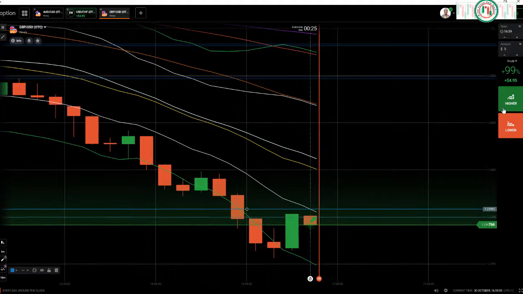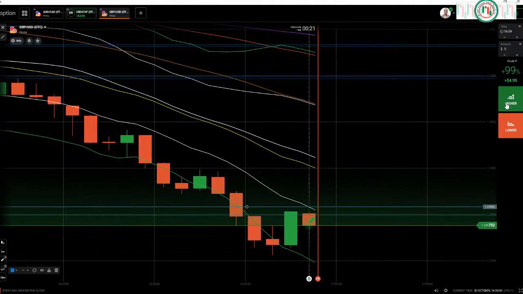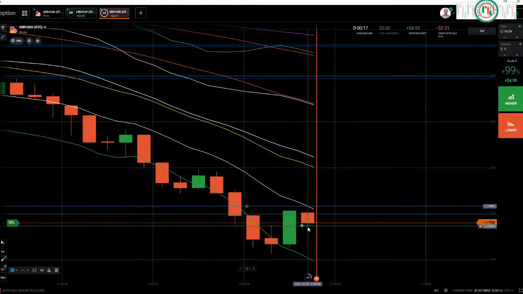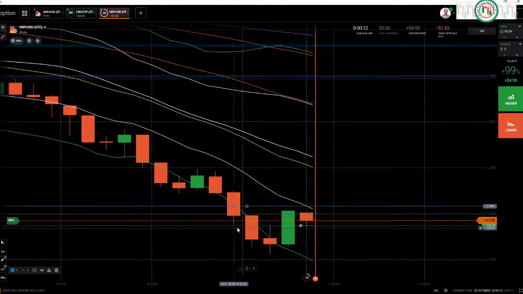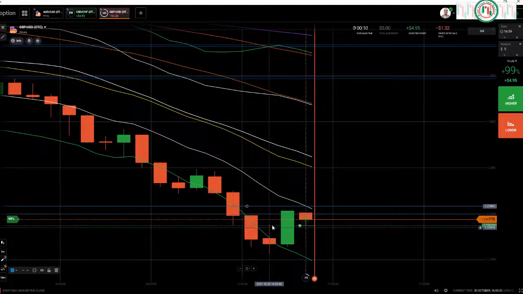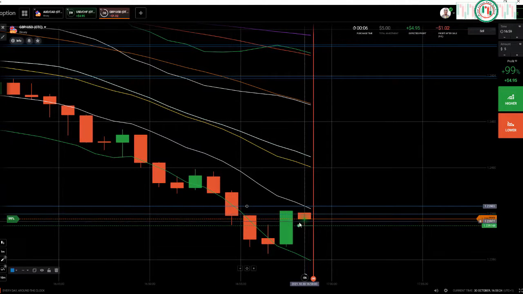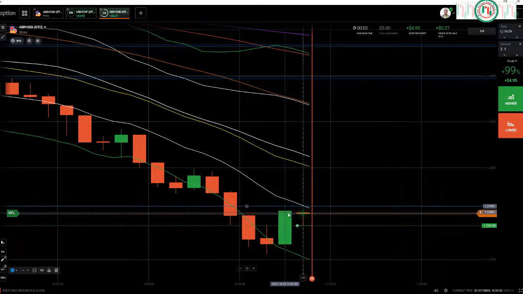If I get rejection, yes, I see rejection from this level. So this candle must be weak. It will not pass this area. Definitely this candle must close above my entry point because of this morning star.